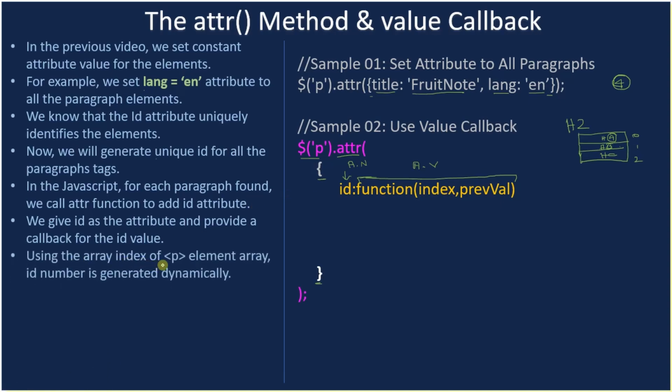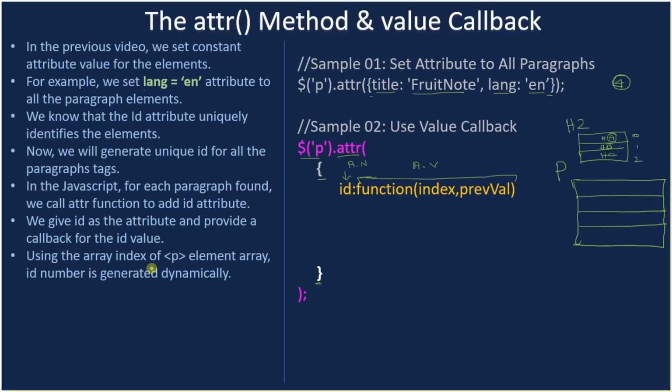Using the array index of the p element array. This is the p element array, and in our example, our paragraph is packed inside the table data, so we will be getting all those 4 paragraphs.